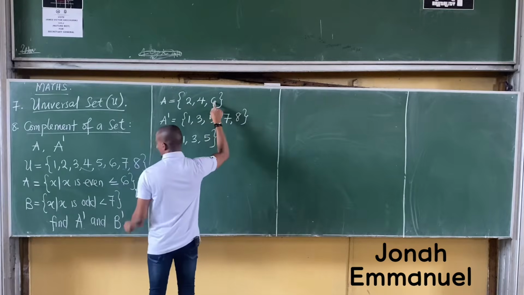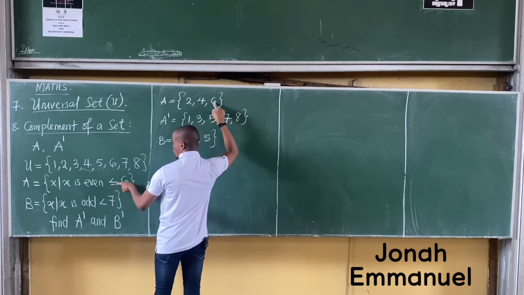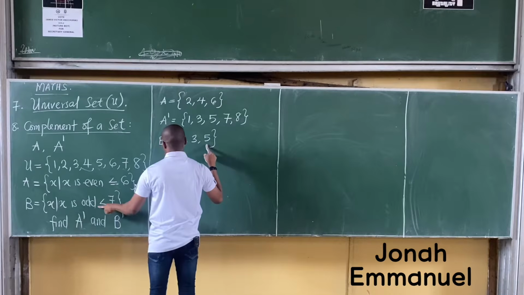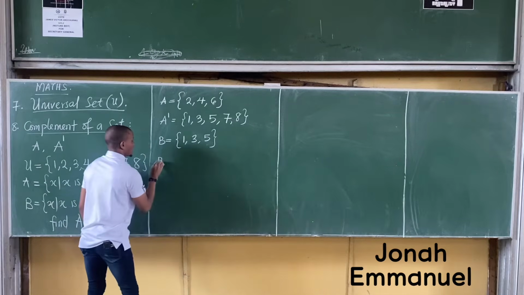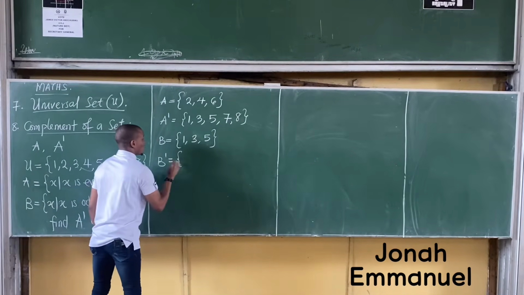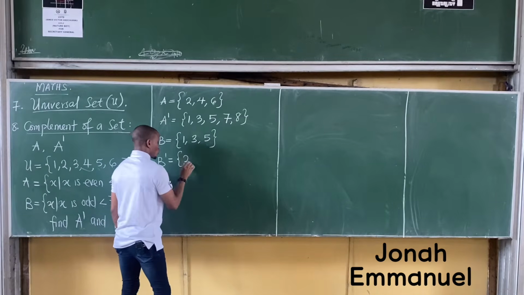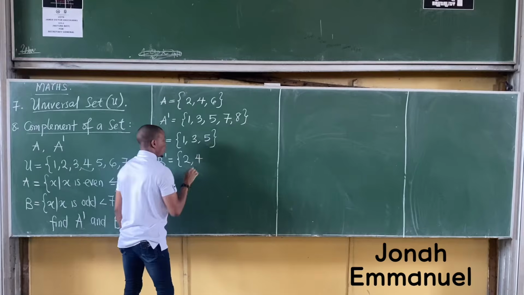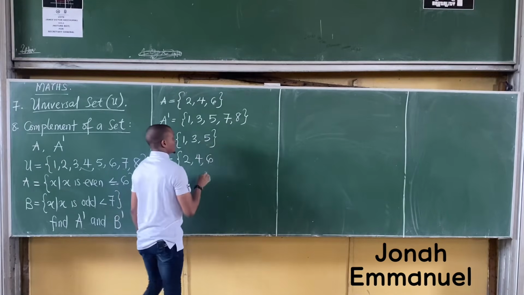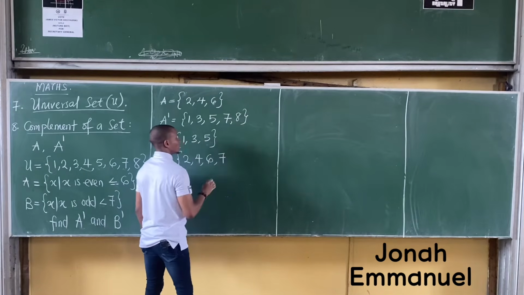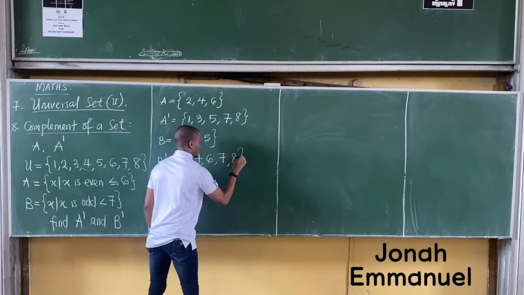For A, I added 6 because of the 'equal to'. For this, I don't add 7, because there's no 'equal to'. If I have this, please give me B prime. What do I have? 2, 4, 6, 7, 8.